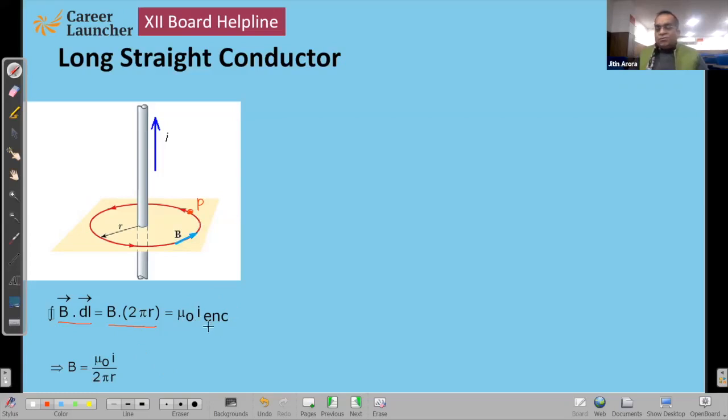So I enclosed जो हो गया हमारा वो इस वायर का करंट हो गया, तो ये आगे B is equal to mu naught I into 2 pi upon 2 pi r. This is the magnetic field due to this particular current carrying wire at a distance r.